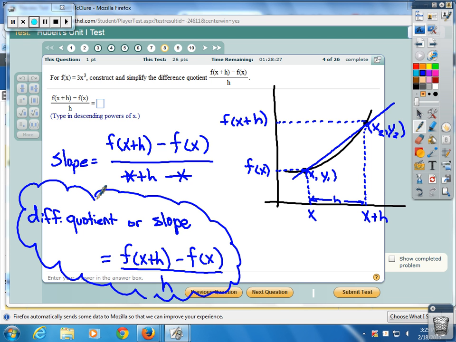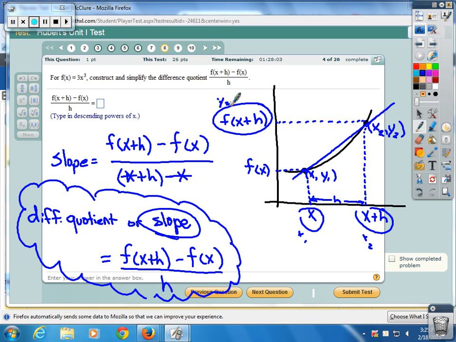And all that is a fancy way of writing one slope: y sub 2 minus y sub 1 over x sub 2 minus x sub 1. And there's x sub 1 right here, this is x sub 2, and this is y sub 2. So that's the difference quotient.